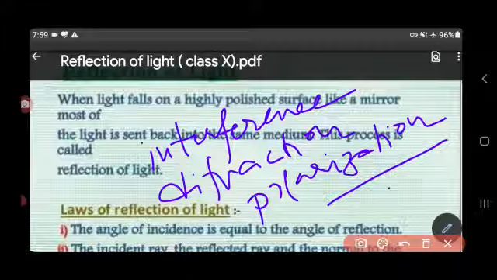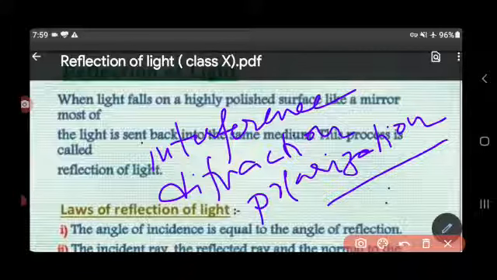After considering this, we have to come to one property of light, that is reflection of light. Reflection means what? When light falls on a highly polished surface like mirror, most of the light is sent back in the same medium, and this process is called reflection of light.